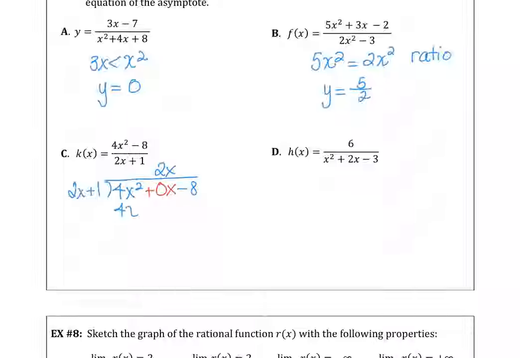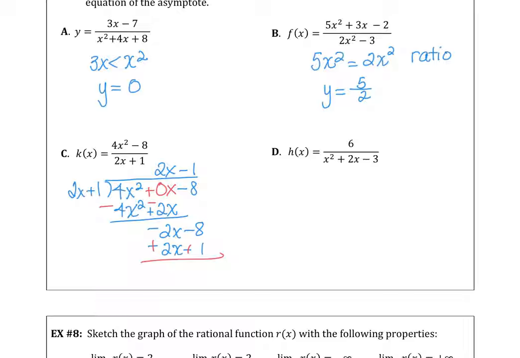So 2x times 2x plus 1 is 4x squared plus 2x. We're subtracting and bringing down the negative 8. 2x goes into negative 2x, negative 1 time. And we really don't have to continue because we have our answer here.